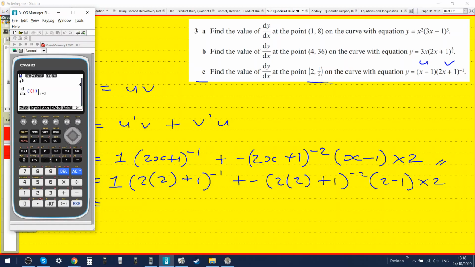And don't forget your brackets. That is the value of x that we sub in. So in this case, it's 2. Press equals and you get 7.